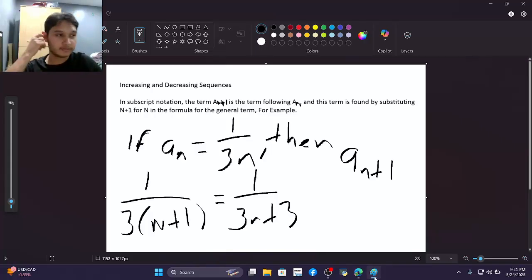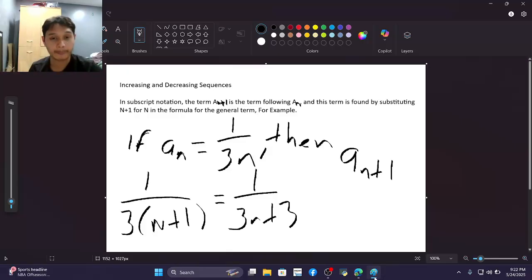The last thing that we want to talk about is sequences. They can go down or up. They can increase or decrease. In subscript notation, the term a sub n plus 1 is the term following a sub n. This term is found by substituting n plus 1 for n in the formula for the term.